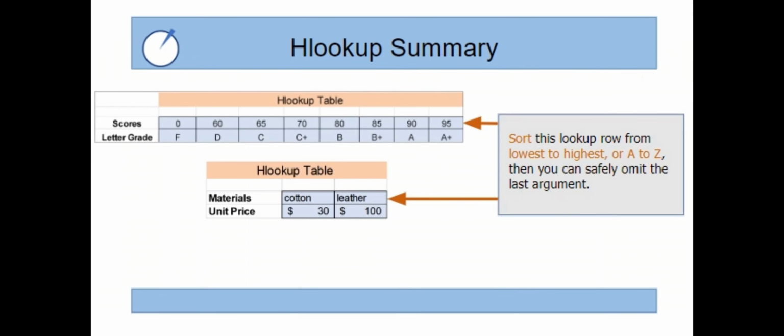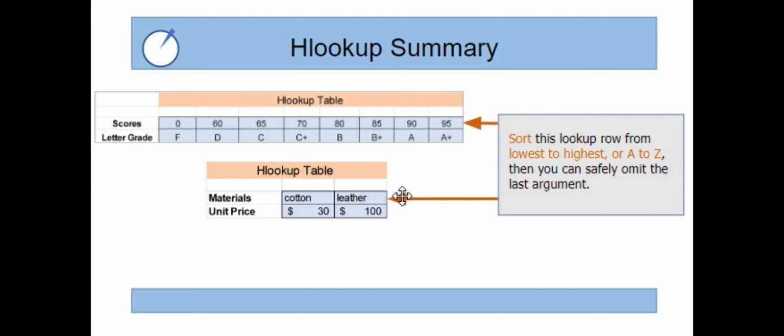Now in the previous video we covered a different type of HLOOKUP example called an exact HLOOKUP, and today we covered the range HLOOKUP. So let's just do a quick summary of both before we conclude for today. In either case, for an exact or range lookup, if you sort the lookup row from lowest to highest, or A to Z, then you can always safely omit the last argument in the HLOOKUP function.